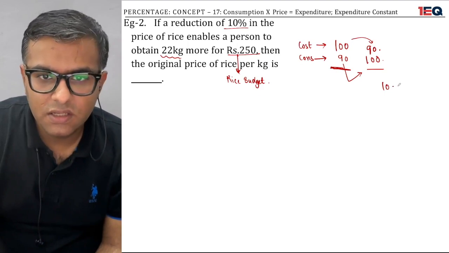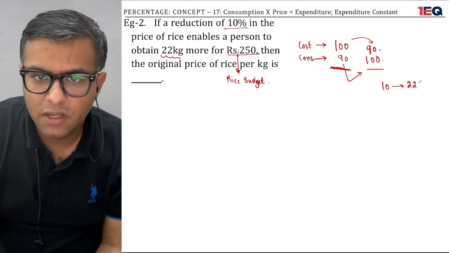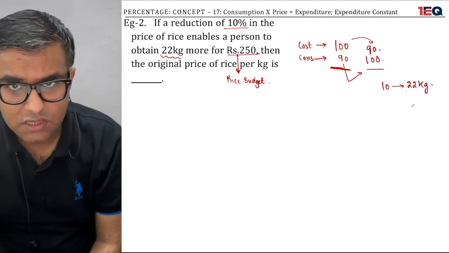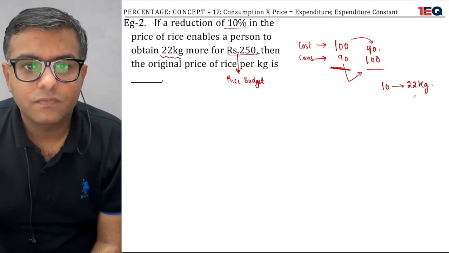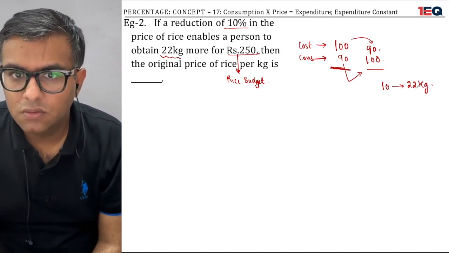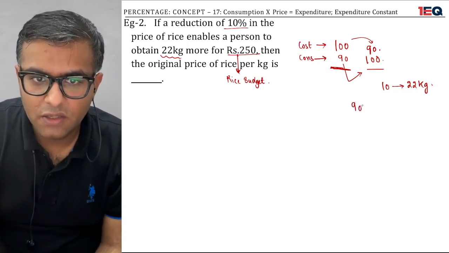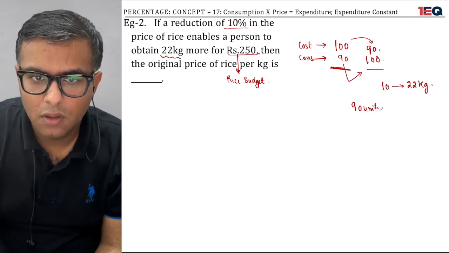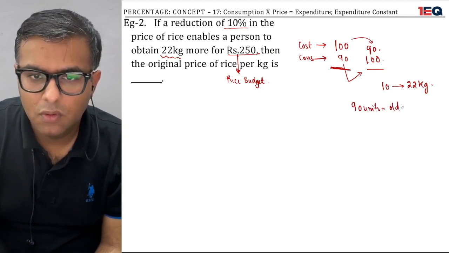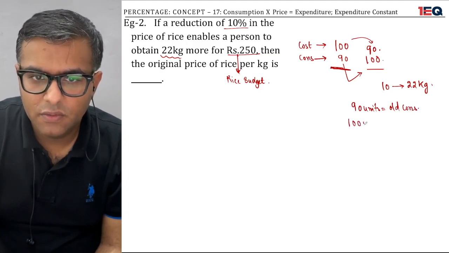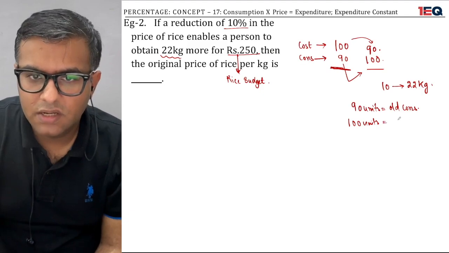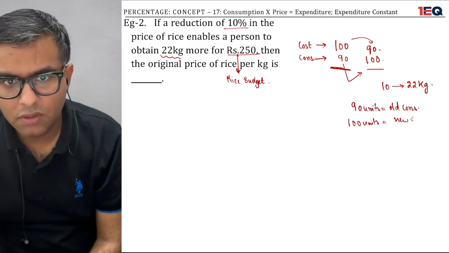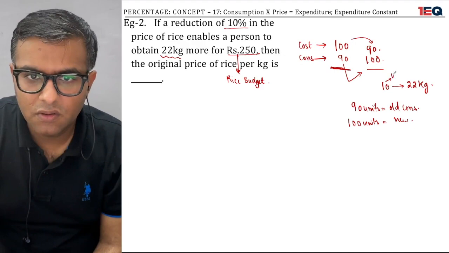Okay, these 10 units, according to the question, are equal to 22 kgs. So the value of 90 units, which is equal to old consumption, and the value of 100 units, that is equal to new consumption, can be found out because this 10 over here also has the same unit, which is units.